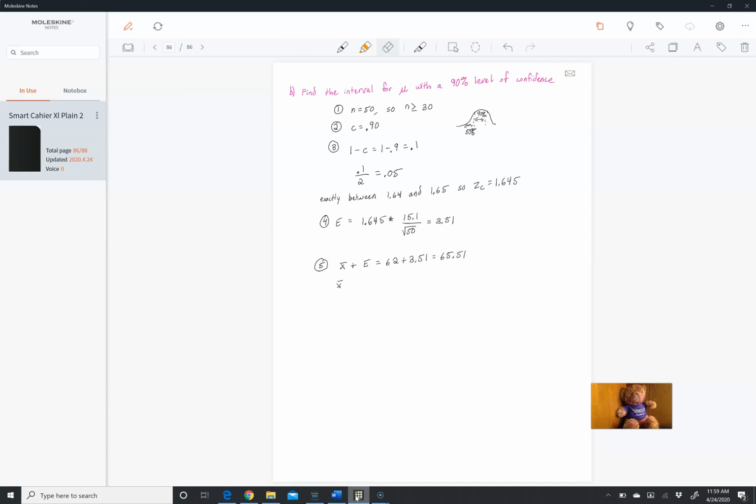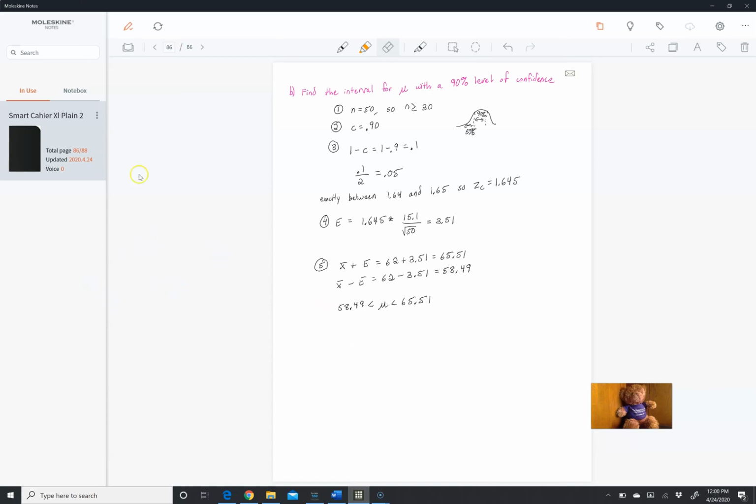And then we're going to subtract it, which gives 58.49. So this tells us that the interval is 58.49 less than mu less than 65.51.